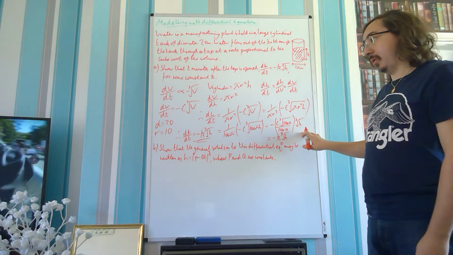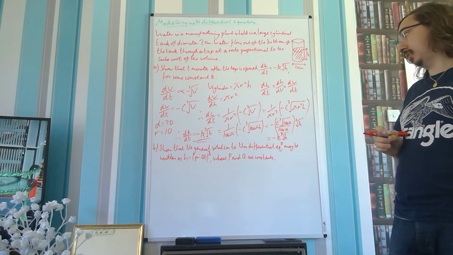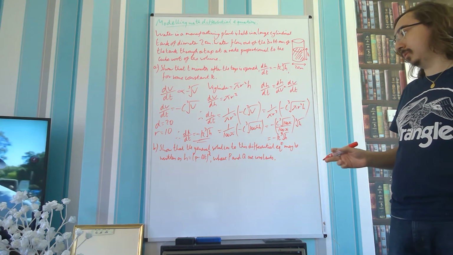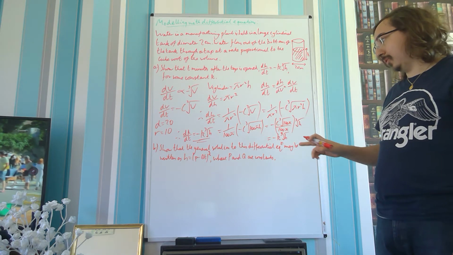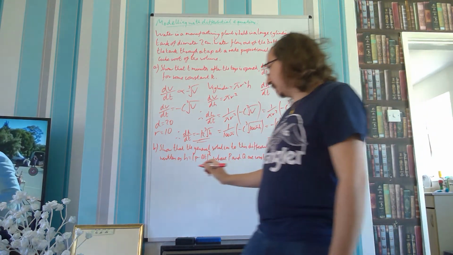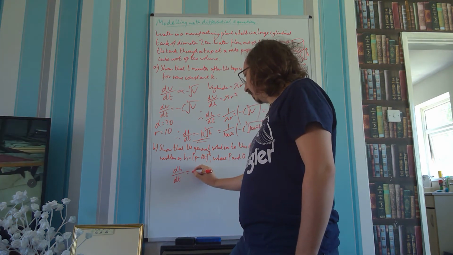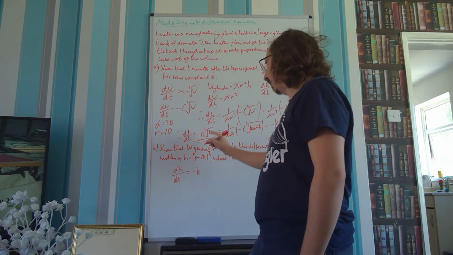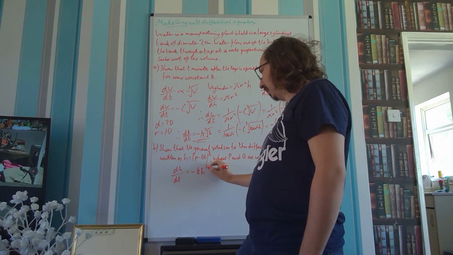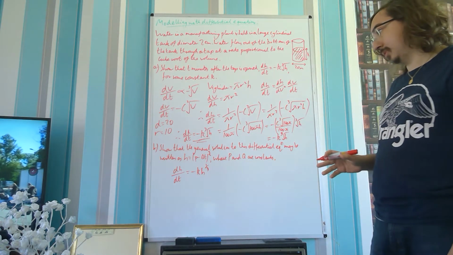So now that we've got that, for part B we want to show that the general solution to this differential equation may be written as h is equal to p minus qt to the power of 3 over 2, where p and q are constants. So we're going to take this expression, dh by dt is equal to minus k. Well, we might as well write this as h to the 1 over 3, because we're going to use it in index notation.